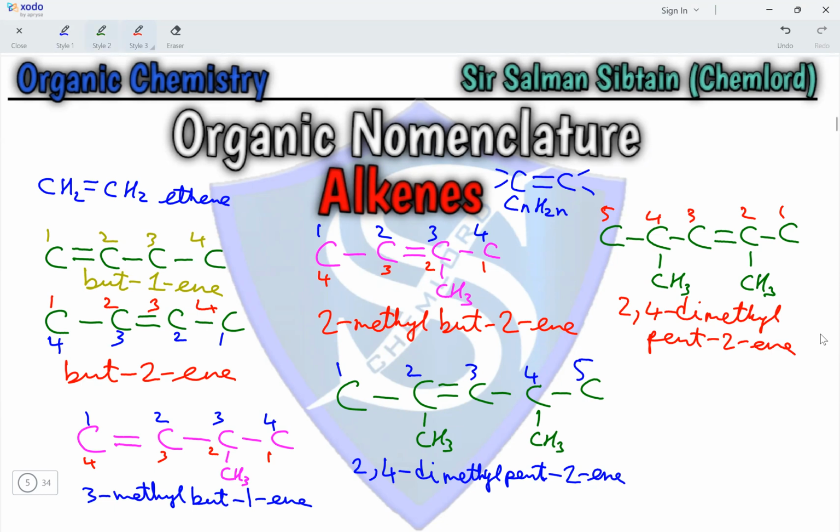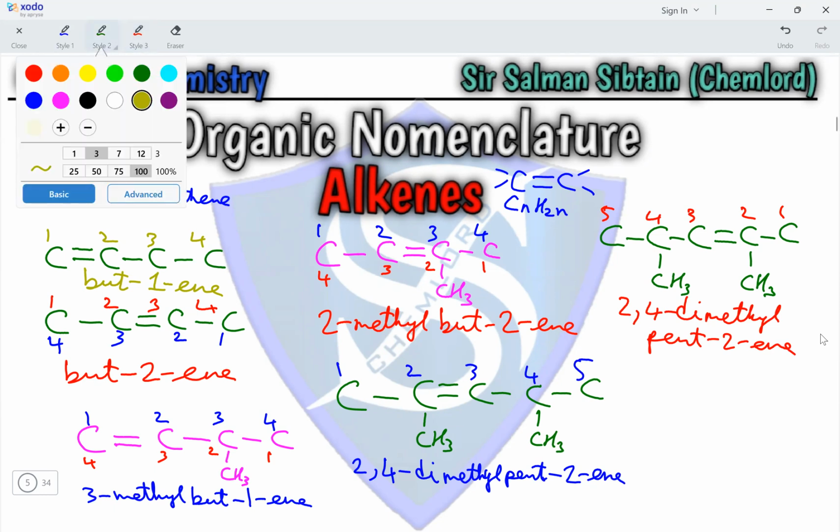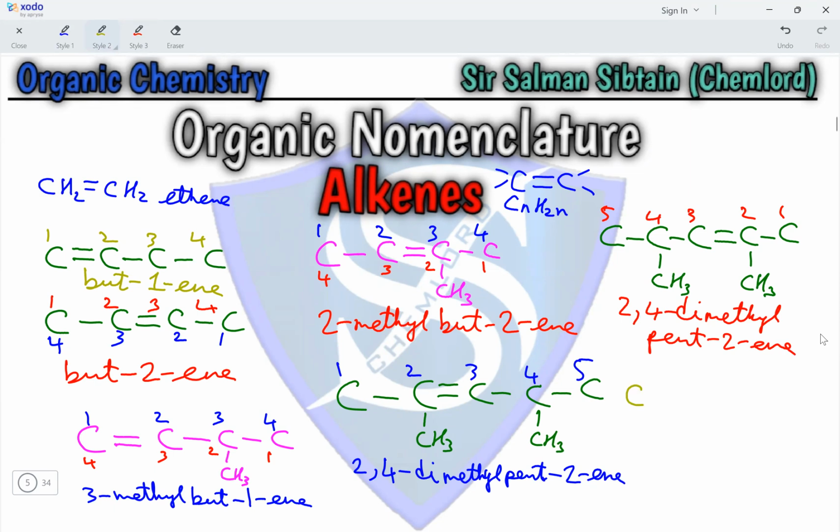Another alkene would be 1, 2, 3, 4, 5, 6, having 6 carbon atoms with a double bond right in between. So the numbering would not matter if we have to just number this compound. However, the numbering would now depend on where we have which substituent group present.